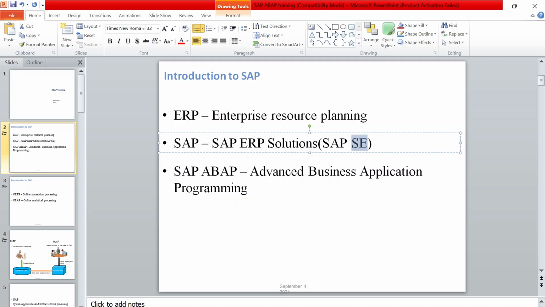This SE means it is related to some European standards. Okay, as if you take any US companies, you can see Inc, right? Microsoft Inc. If you take Indian companies, Limited, right? Infosys Limited, TCS, Tata Consultancy Services Limited, like that. SE is some European standard that they use.